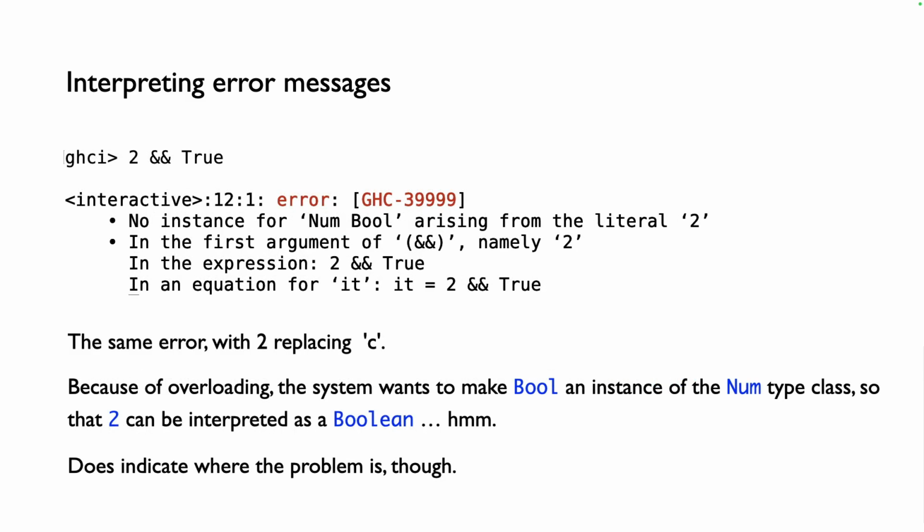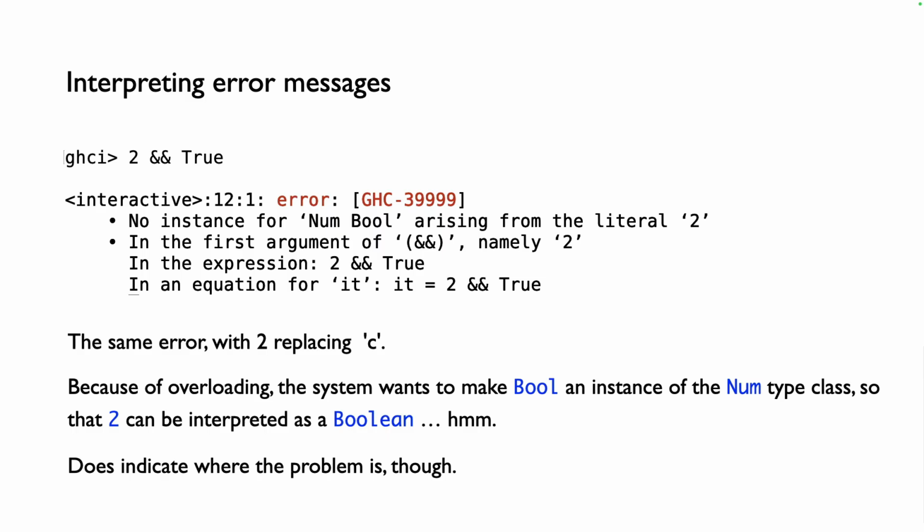If we replace that character C by 2, we again hit the world of overloading. And we've got this no instance for Num Bool. That means Bool is not in the Num type class, which means we can't think of booleans as being numbers. Well, that's true.